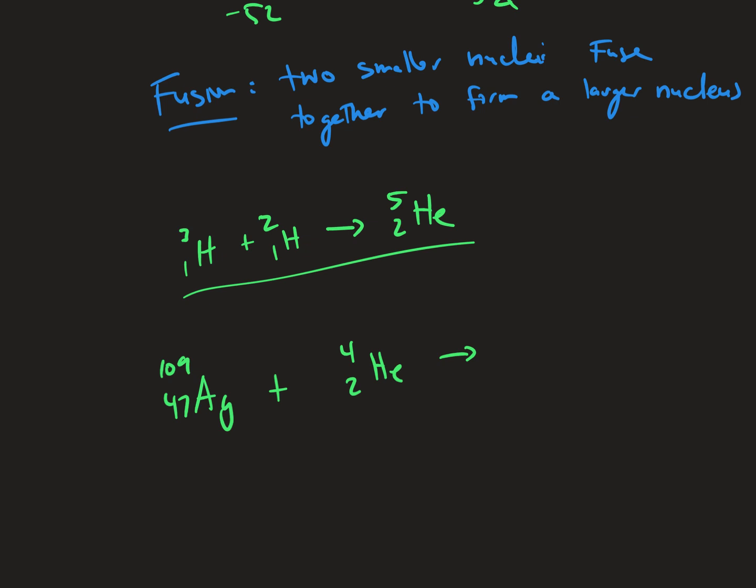So what are we left with? Indium? Let's find out. So we've got 109 plus 4 is 113. 47 plus 2 is 49. And what's 49? Okay, maybe I have it written wrong here.